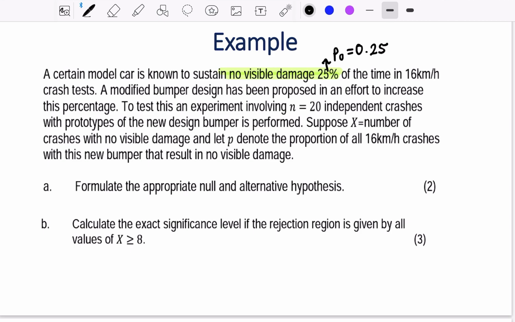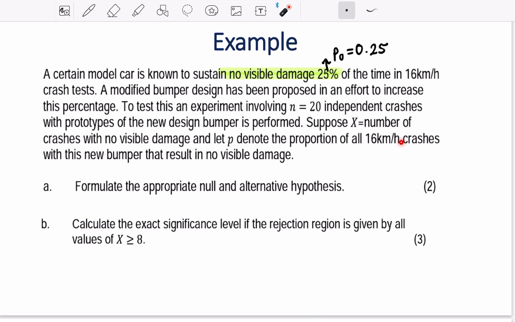Then what about the alternative? Let's read the scenario again. A modified bumper design has been proposed in an effort to increase this percentage. To test this experiment, you take a random sample of 20 prototypes of the new design.